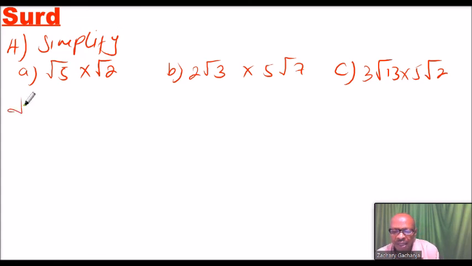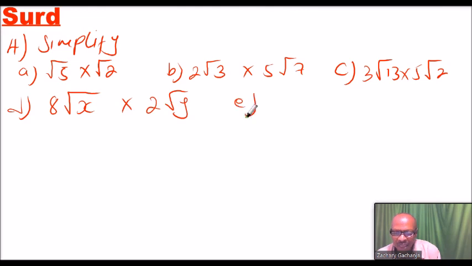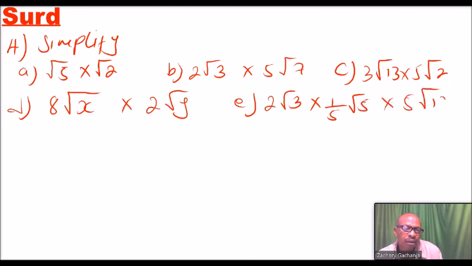We have d, 8 root x multiplied by 2 root y. Then we have e, 2 root 3 multiplied by 1 over 5 root 5 multiplied by 5 root 13. So this covers what we covered in multiplication.